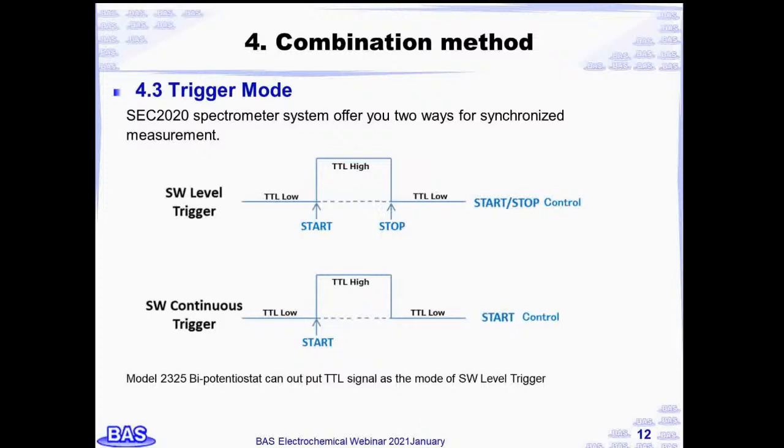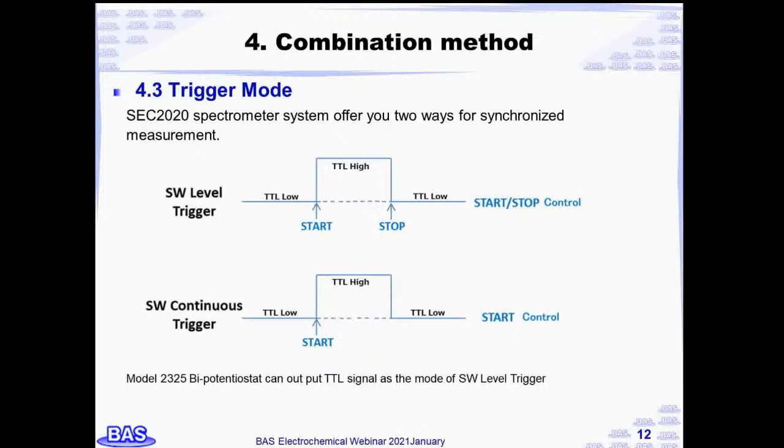In the case of the software level trigger, the measurement starts when the external input TTL signal changes from low level to high level, and stops when the external input TTL signal changes from high level to low level.